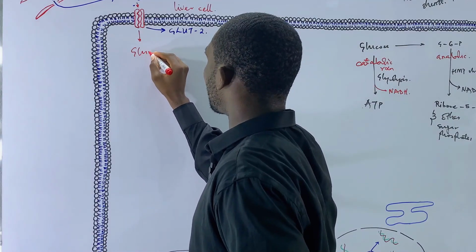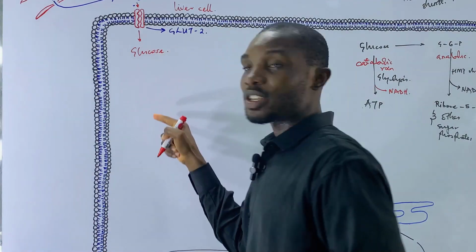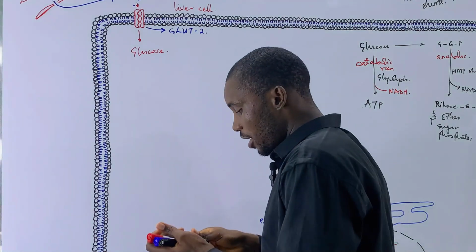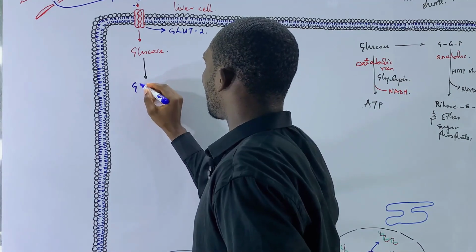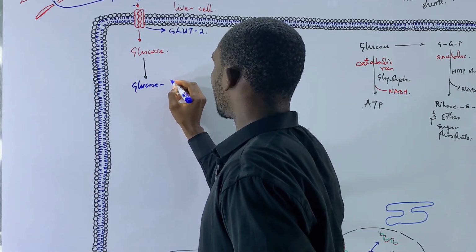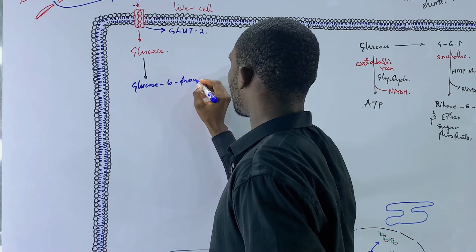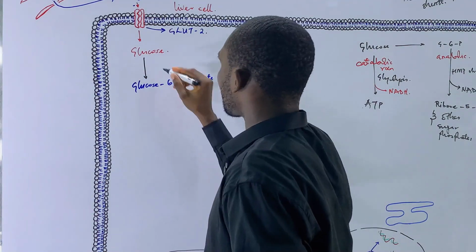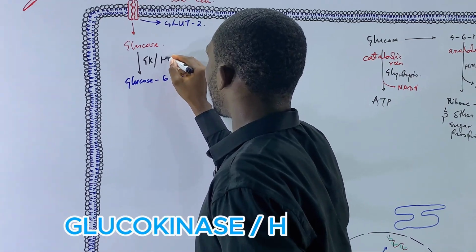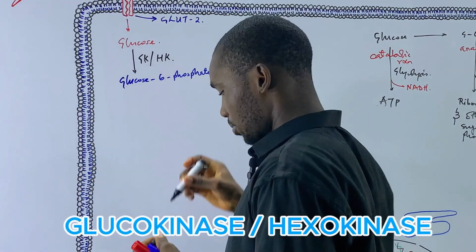So we have our glucose within the cytoplasm of the cell, and then the glucose is converted to glucose 6-phosphate by the enzyme glucokinase or hexokinase.